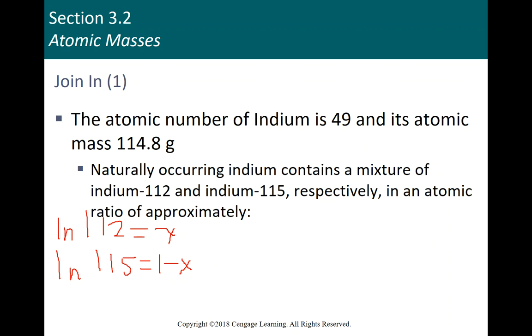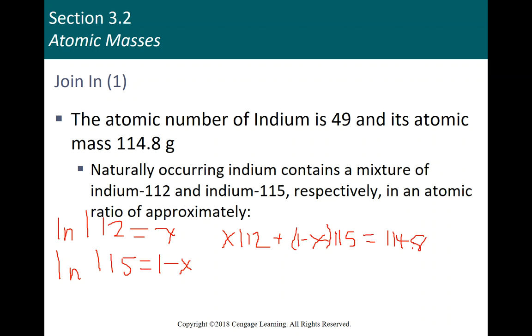And so just like we did before, let's take the percent composition. So X times 112, so percent composition times the mass, plus 1 minus X, so percent composition times the mass, and that's going to equal the average atomic mass, so 114.8.